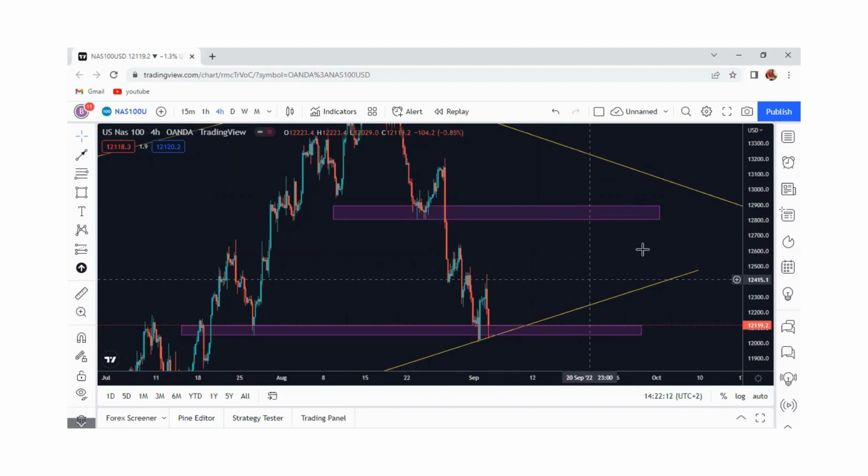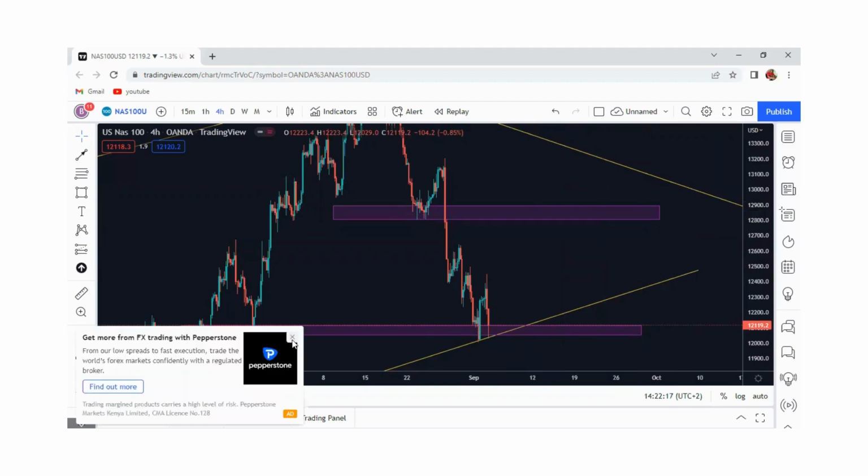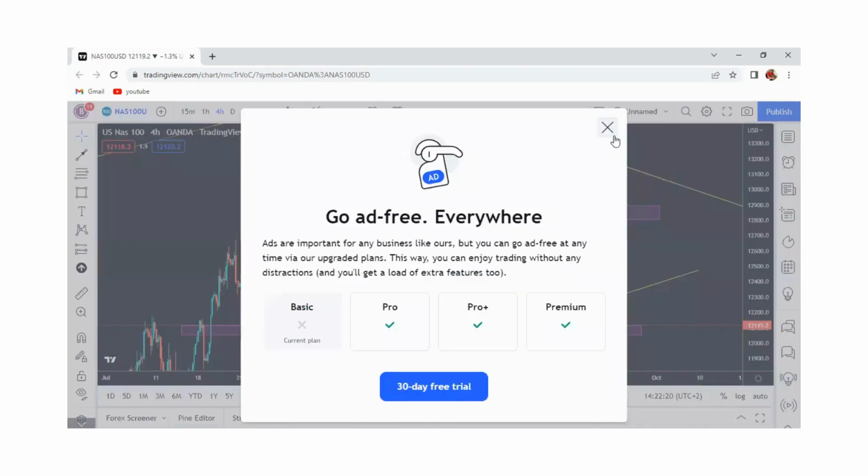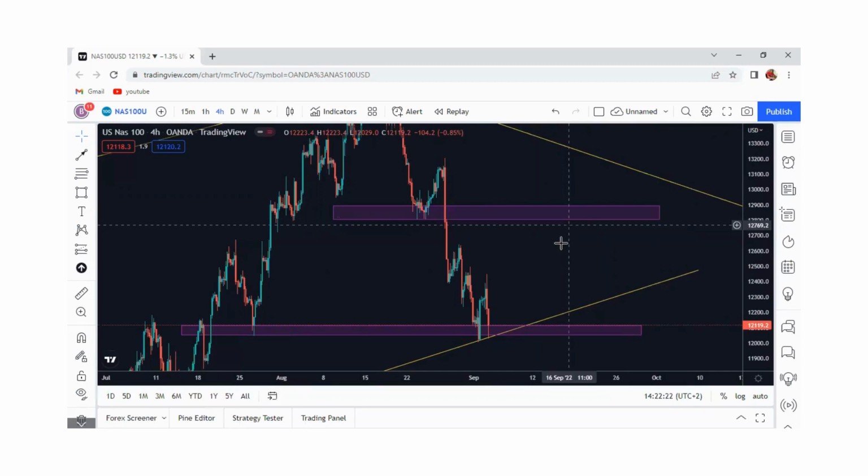Then that's when I'll definitely get in, but it might come up to here. It might come up to here because it didn't get a retest, just broke, didn't come back for a retest, so it might come back here.